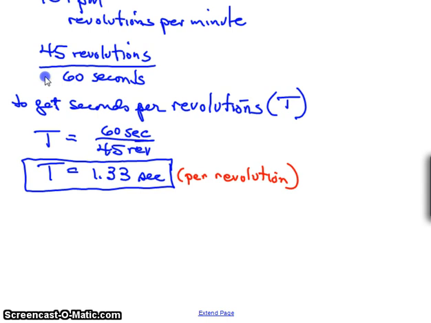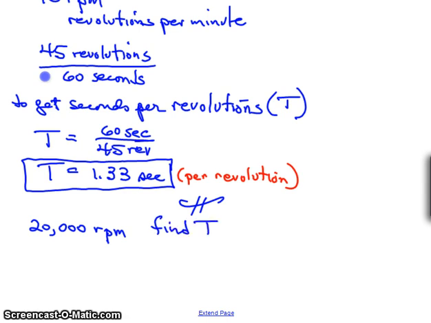Let's try another one. How about something that is traveling 20,000 RPM, revolutions per minute, and we want to find the period?